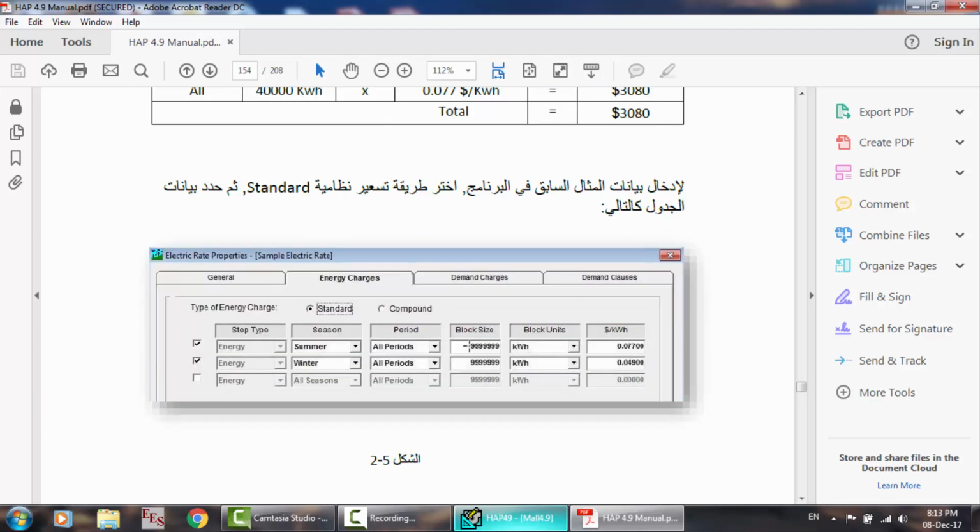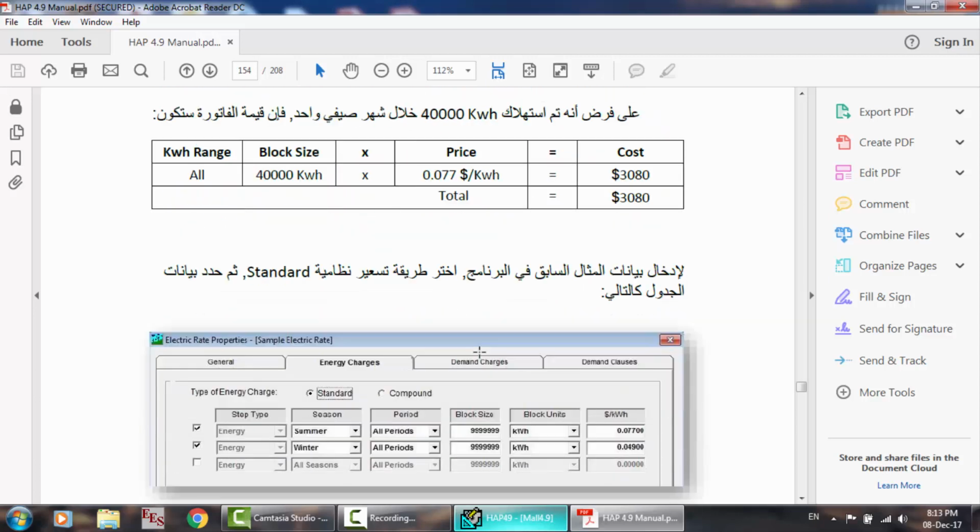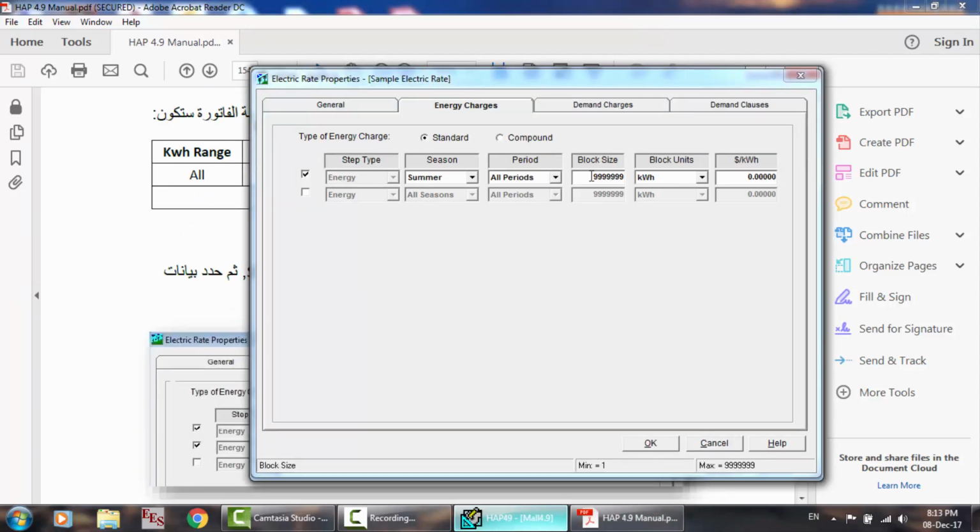Here we put seven nines. This means that it is fixed. This is for HAP. For the minimum or maximum, seven nines here for the block size means that the price is fixed for all the periods during this summer.